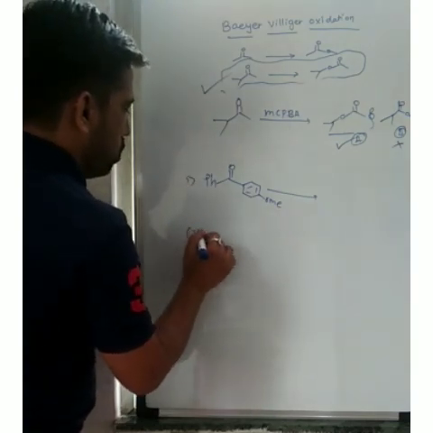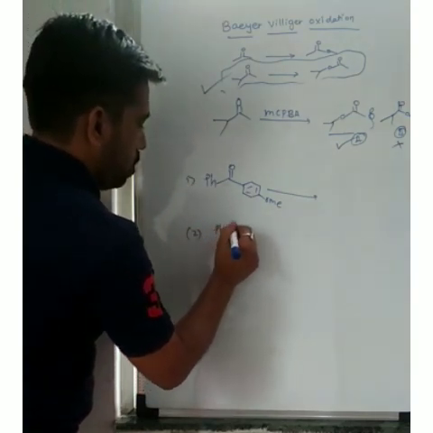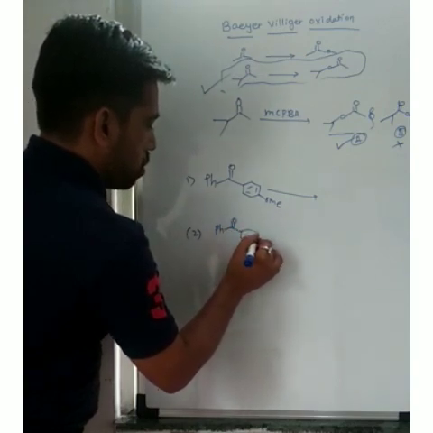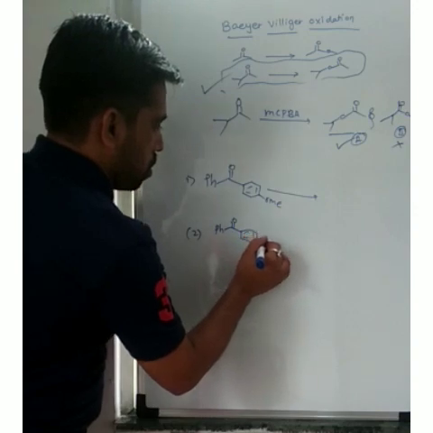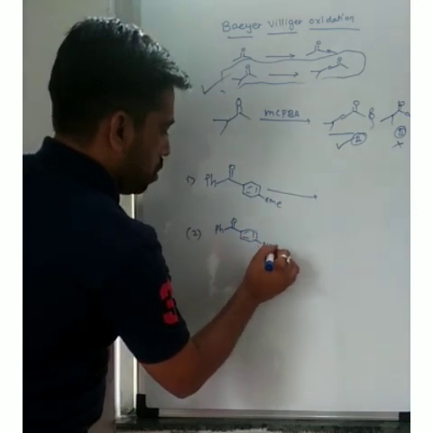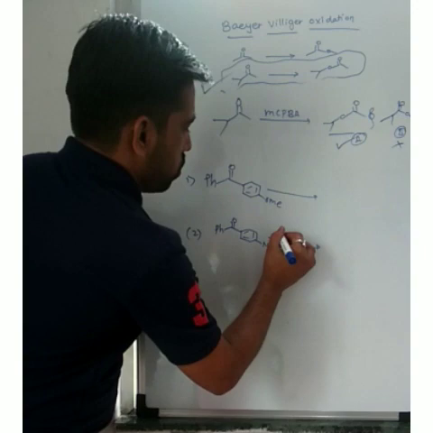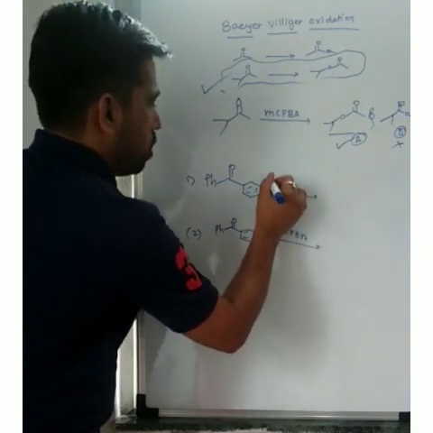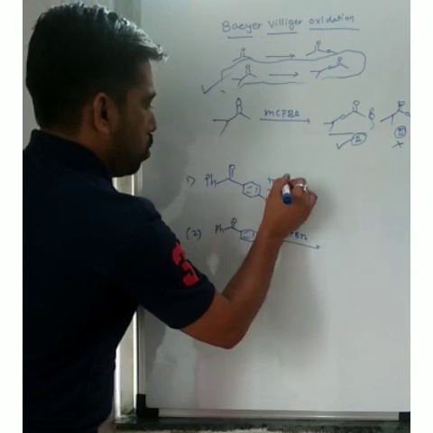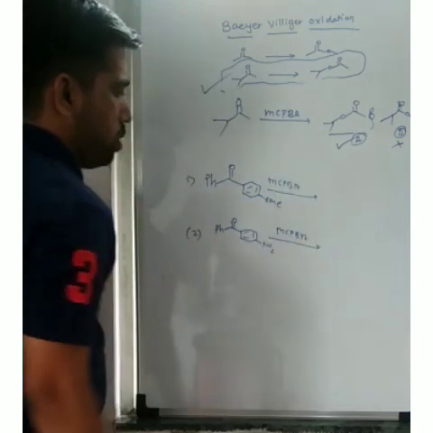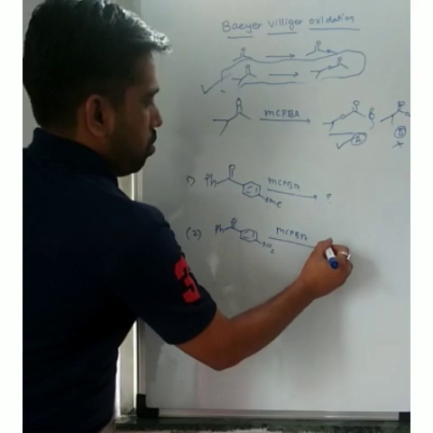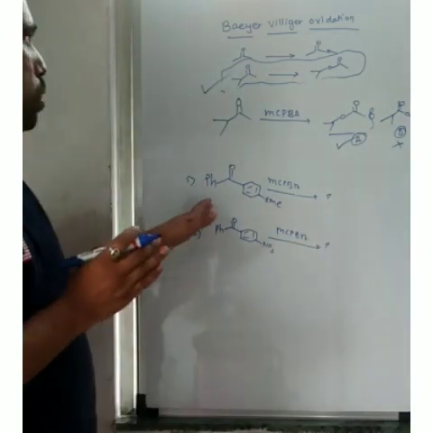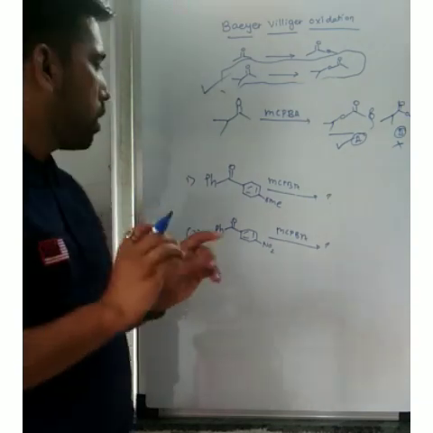Or, again phenyl rings, with a nitro group. Same reagent, metachloroperbenzoic acid. Then which group migrates preferentially in the Baeyer Villiger oxidation reaction?